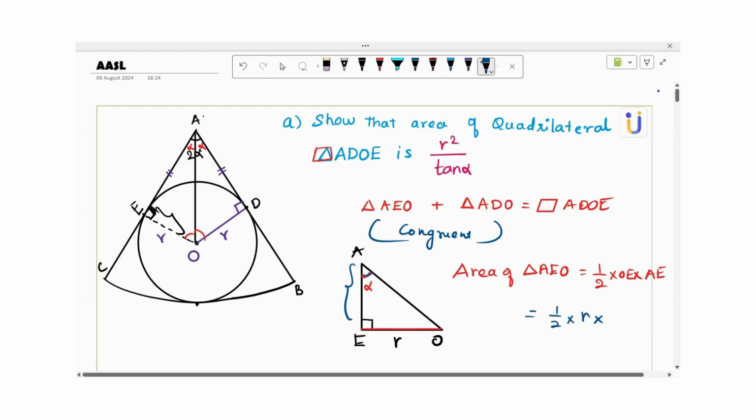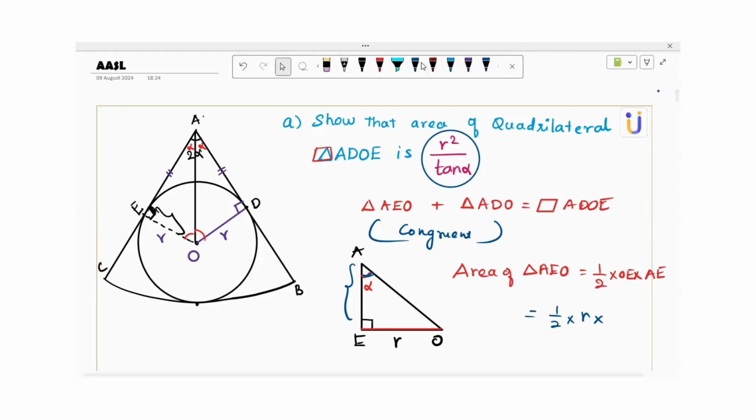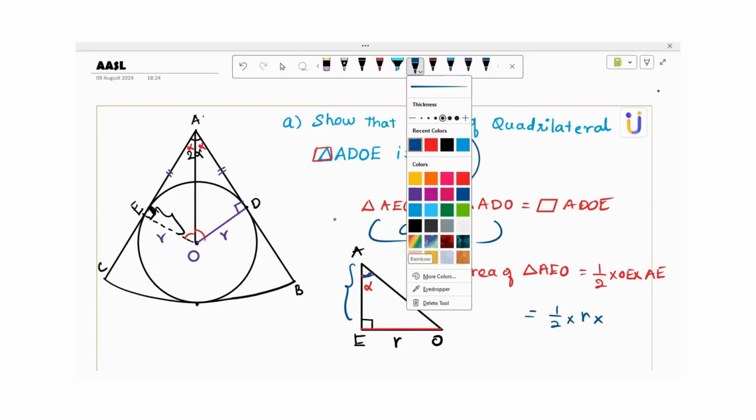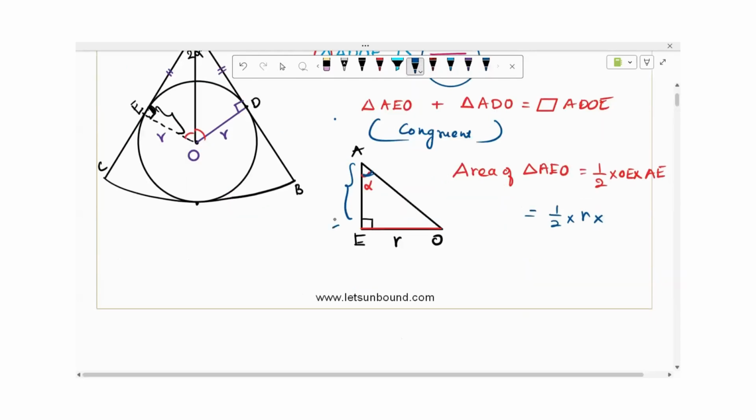We have to represent it in terms of alpha only. The hypotenuse is not included, so we will go with tan alpha. Using right angle trigonometry, tan alpha is opposite over adjacent. Opposite is this one, R. Adjacent is AE. Now I want an expression for AE, so AE is R by tan alpha.